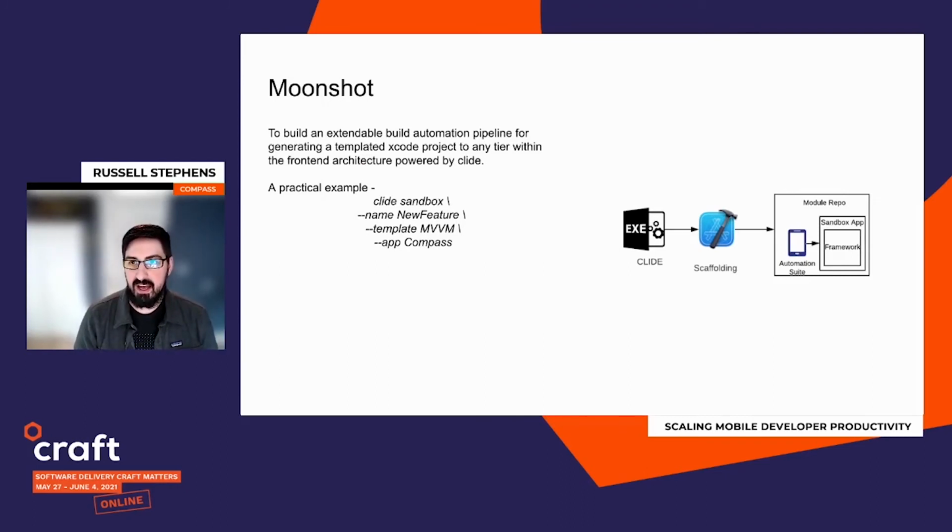So we have the CLI, we've adopted some tooling with Tuist, which is an Xcode project generator, and a few other tricks as well, to generate a new repository with a new Xcode project with some sort of template, and also all of the YMLs that are needed to run on CI/CD as well.